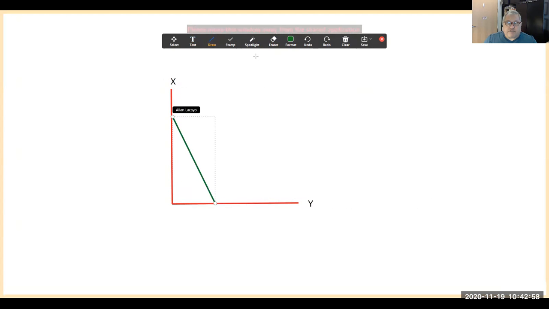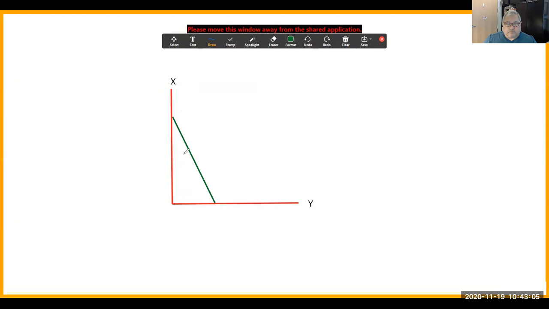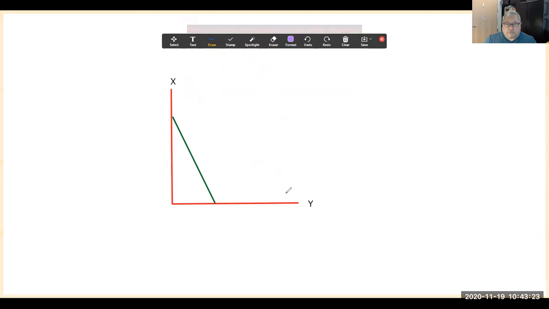And then we have a collection of levels of utility. This is one level of utility. Here's another level of utility.